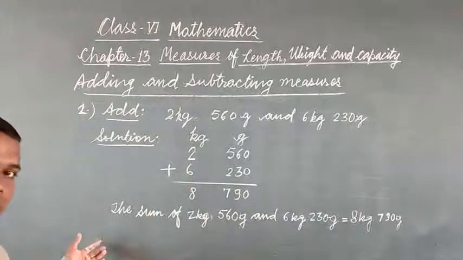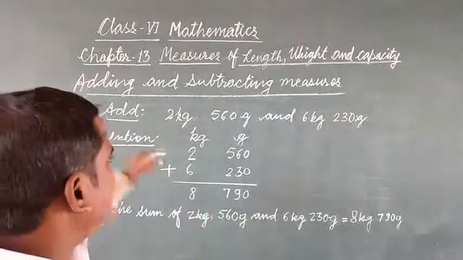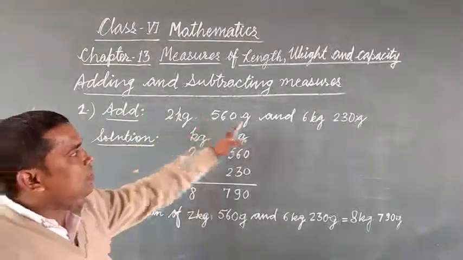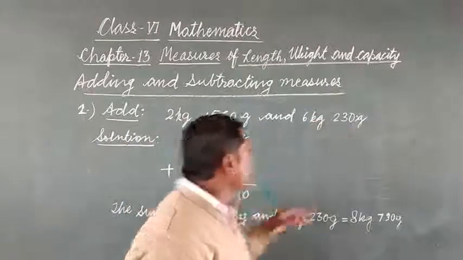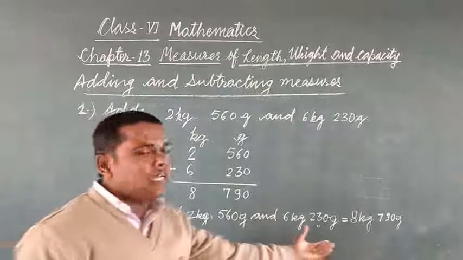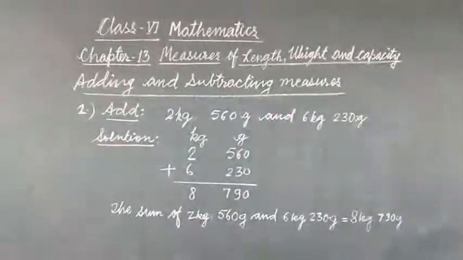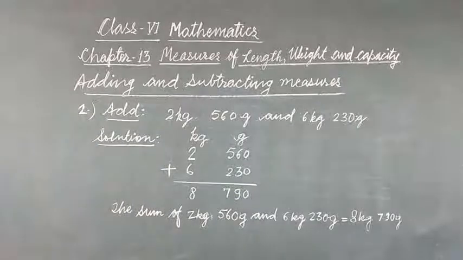In the same way we will add if two capacities are given. If liter and milliliter are given, here we write liter, here we write milliliter, and we will add. We will write our result in liter and milliliter. See the example.